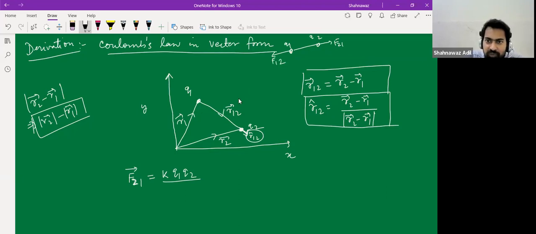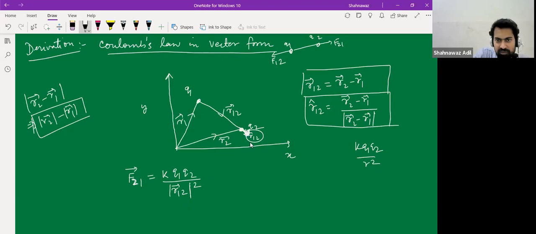Understood? So this is what I am calculating: the force on charge 2 due to this charge, in this direction. So this would be k q1 q2 by the r12 magnitude square. And in which direction is this force?